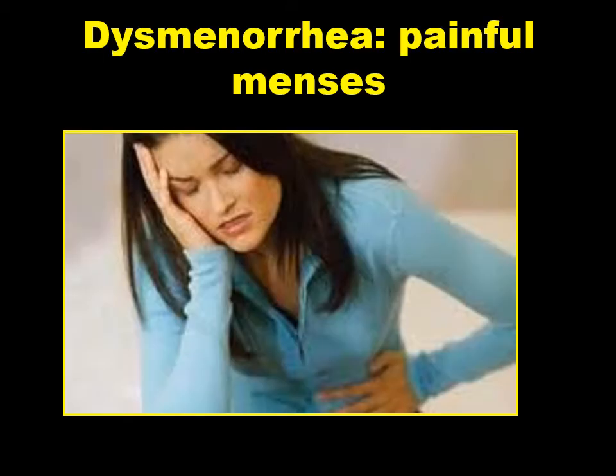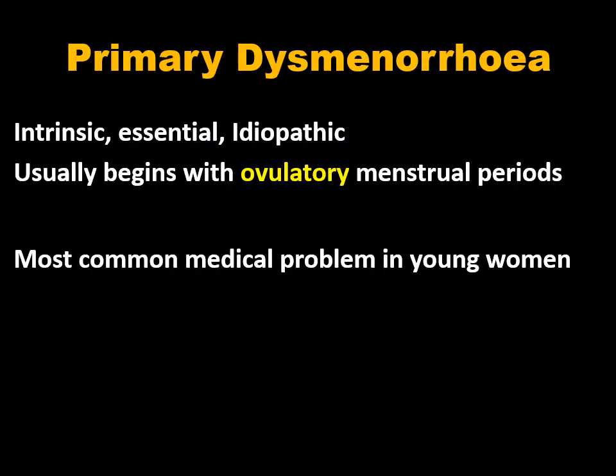Menstrual disorders, we start talking about dysmenorrhea. Dysmenorrhea means painful menstrual cramps, and these are of uterine origin. Dysmenorrhea can be either primary or secondary. Primary dysmenorrhea is pain without organic pathology.